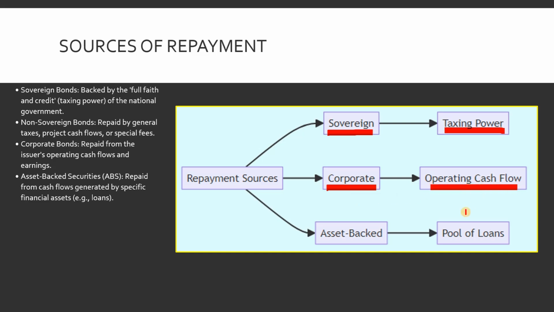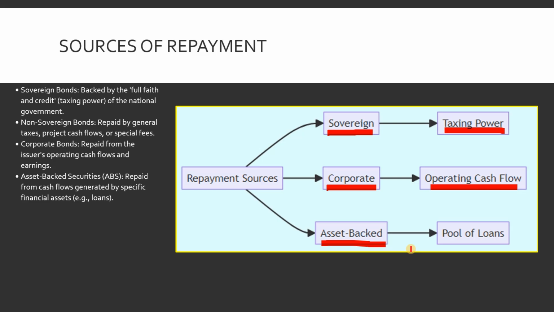And asset-backed securities are a pool of loans, like all the homeowners' loans combined together into a pool, and you get money from that pool, as a home buyer pays an EMI and interest as well. So these are your repayment options.